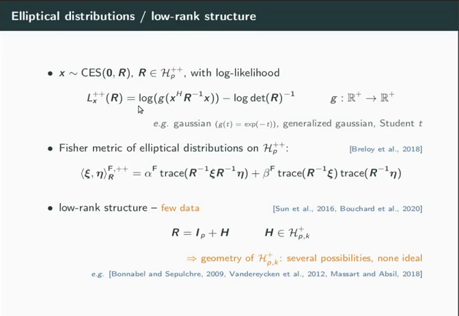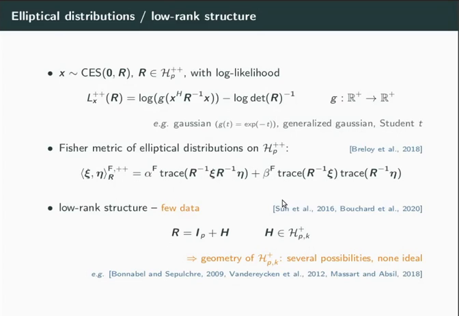And so on the set of positive definite matrices, the Fisher metric of the elliptical distributions is now well known and is given by this expression here. This term corresponds to the Gaussian. So for the Gaussian case, alpha is equal to 1 and beta is equal to 0. And so this term tends to show non-Gaussianity.